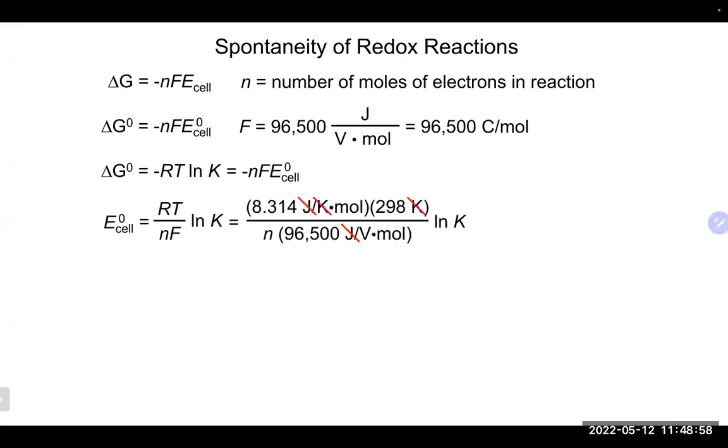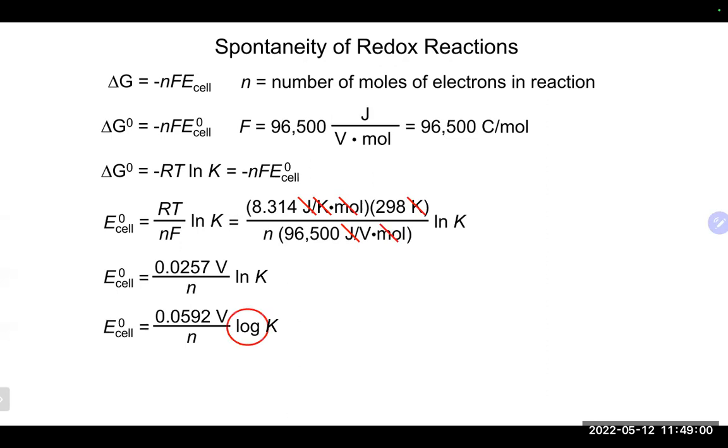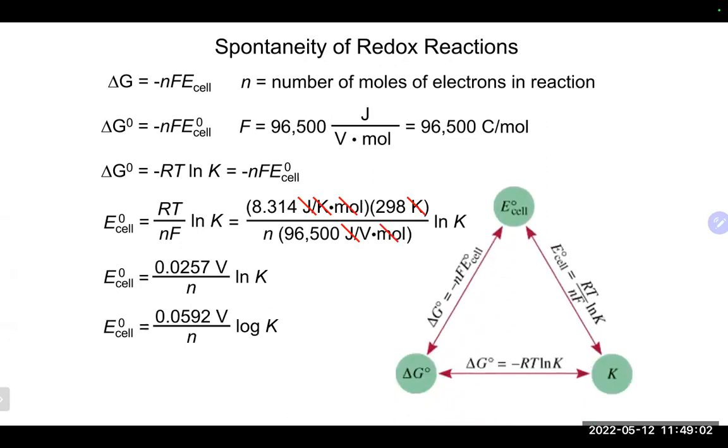So this equation here is a good one: delta G is equal to minus nFE. n is the number of moles of electrons. It is the total number of moles that have been transferred.